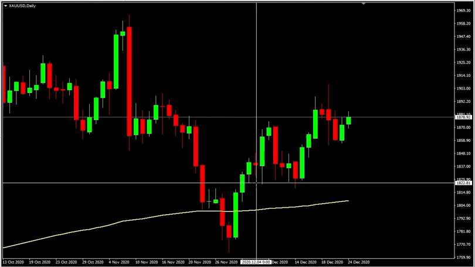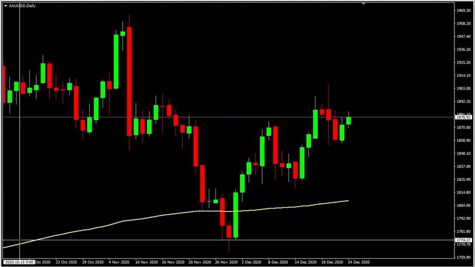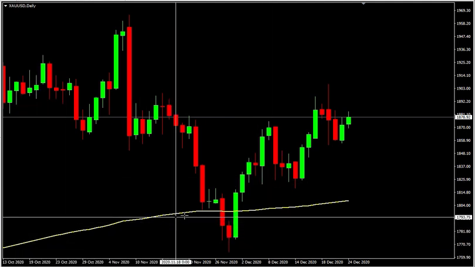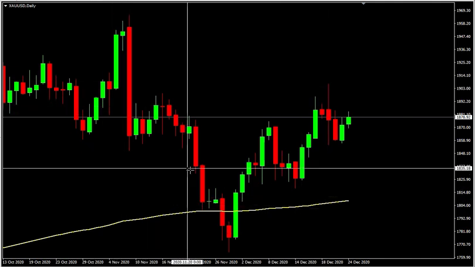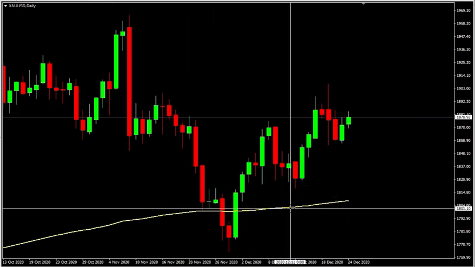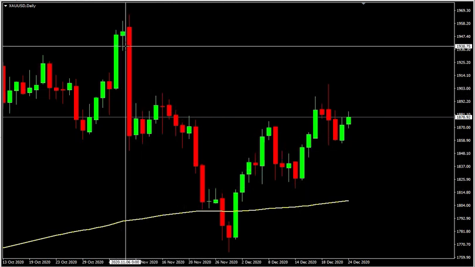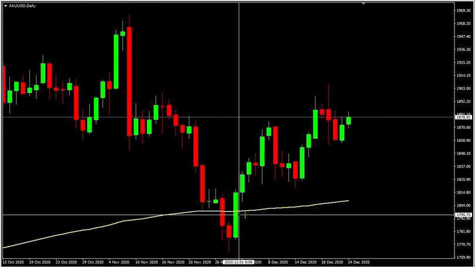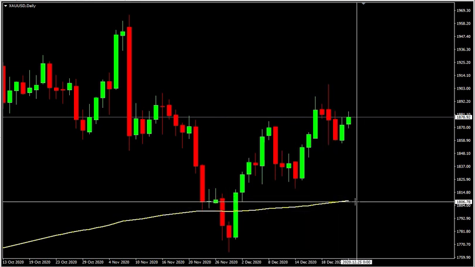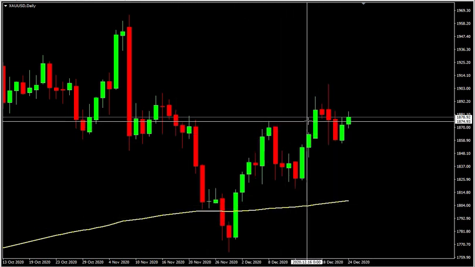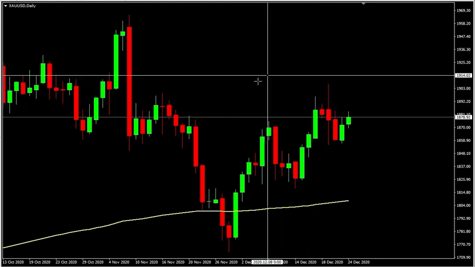Okay, now when the 200 moving average is below the candles, that means the market is trending up. In other words, when the candles are above the 200 period moving average, that means the market is trending up and we should go long only.